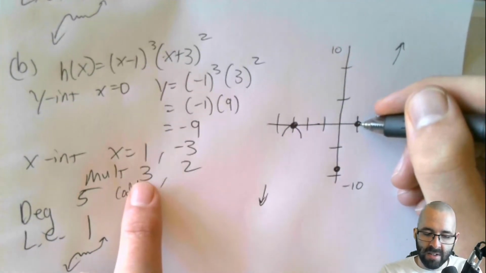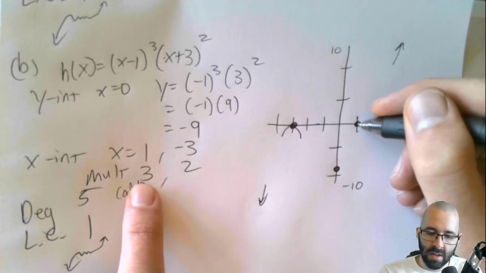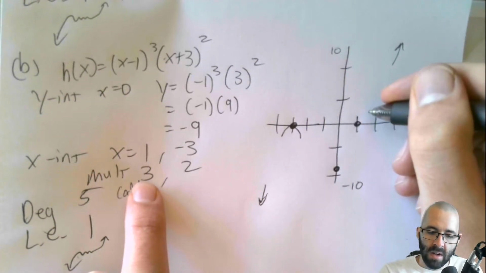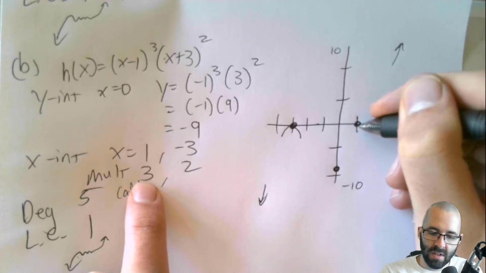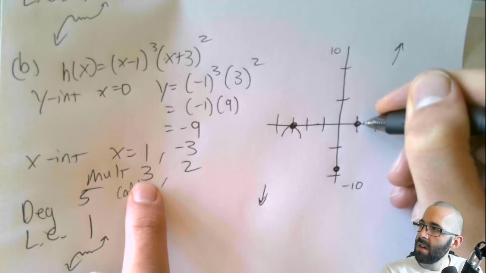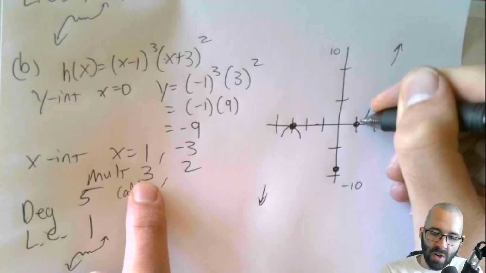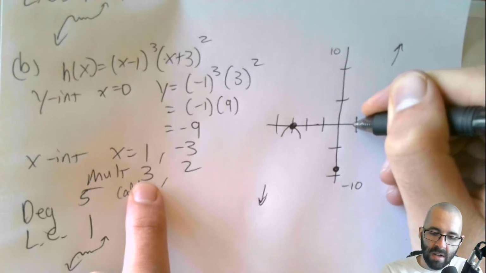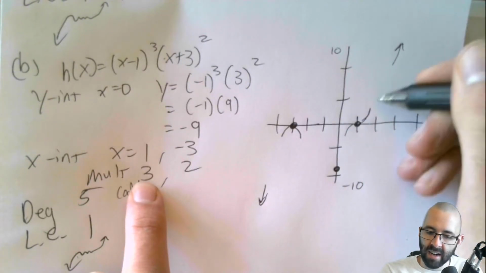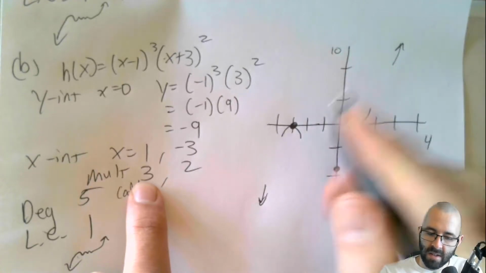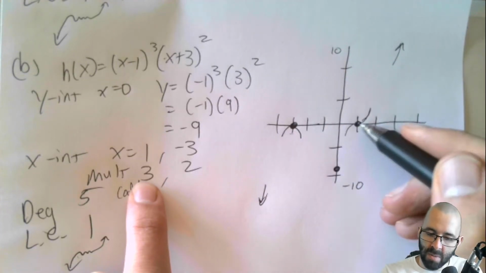This 0 right here, the 0 at 1, has multiplicity 3. That's going to look like a cubic function. And we know it's going to go up like this because it has to connect. So, little mini parabola, little mini cubic.